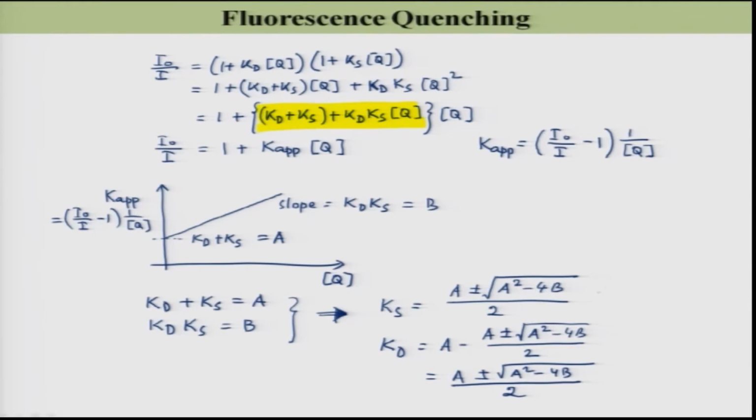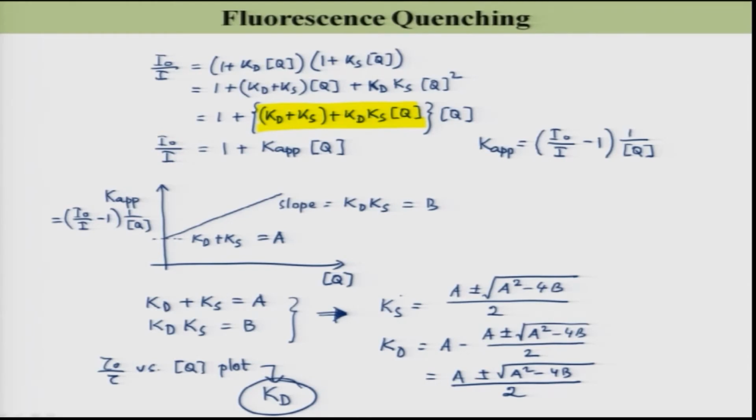One of them will be Ks, one of them will be Kd, but from the lifetime dependence, from the tau 0 by tau versus Q plot, we already know the value of Kd. So, this is already known.